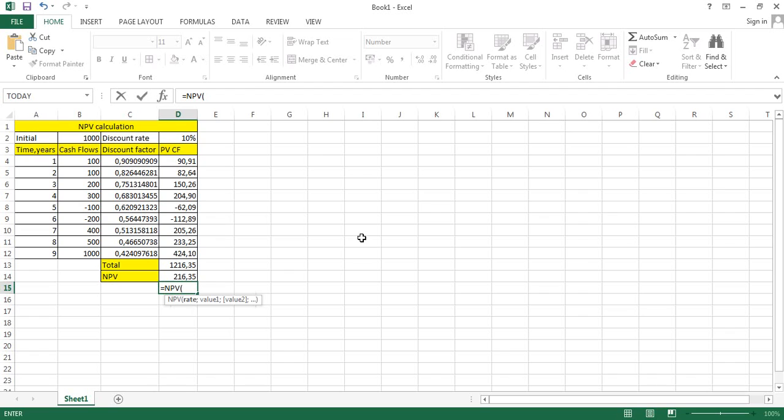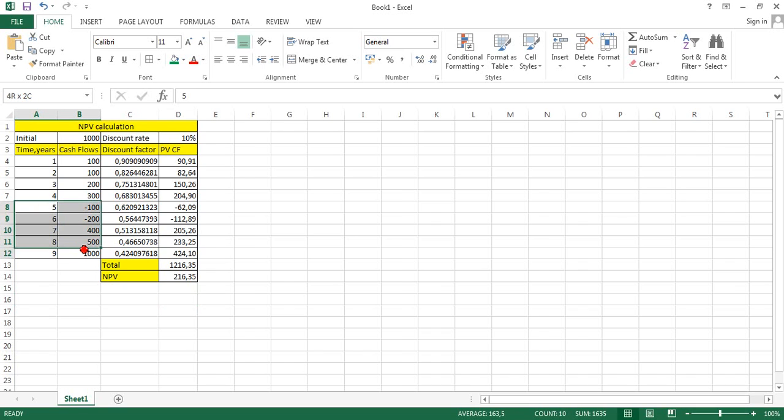However, we don't think it's wise to use it, because it's quite limited. Firstly, sometimes it can lead to wrong results, and it uses only one discount rate. So let's say if you expect that from year 5 your discount rate will change to another one, then you will not be able to use the built-in NPV function in Excel.